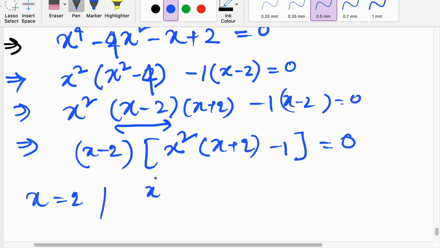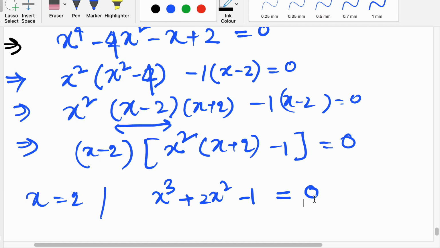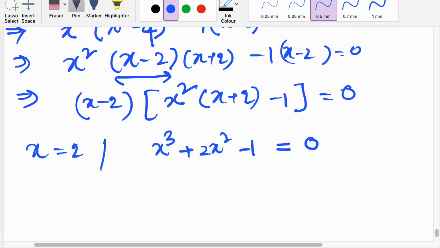The other factor becomes x cube plus 2x square minus 1 equal to 0. Another solution is minus 1. If I put minus 1 here, minus 1 cube means minus 1, plus 2x square means 2, and minus 1 plus 2 minus 1 is 0. So minus 1 is another solution.